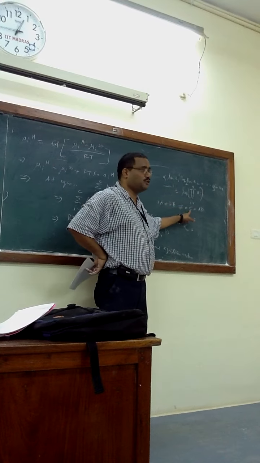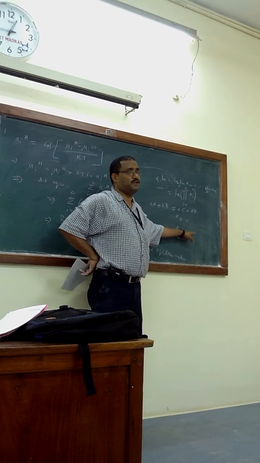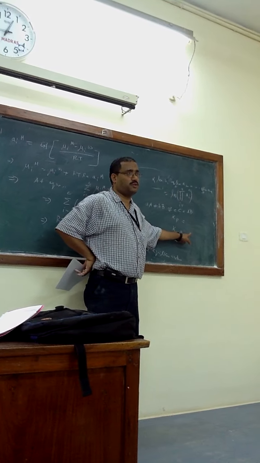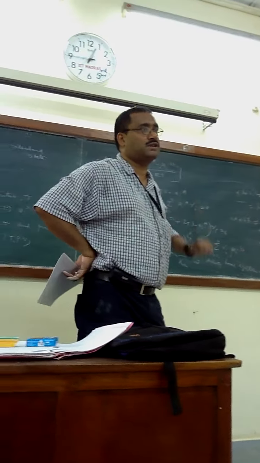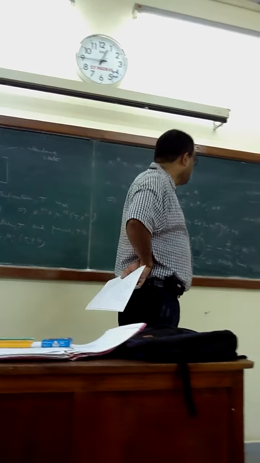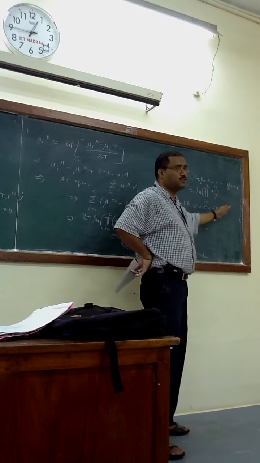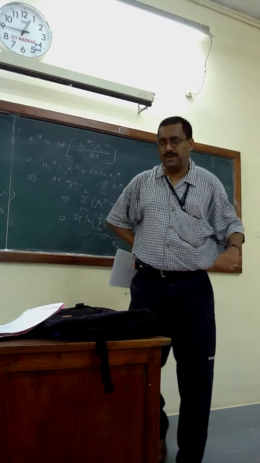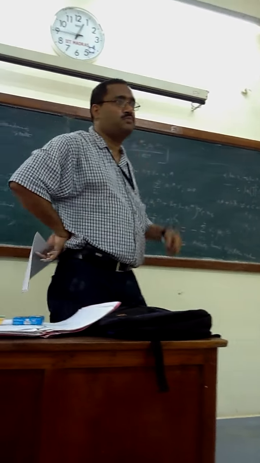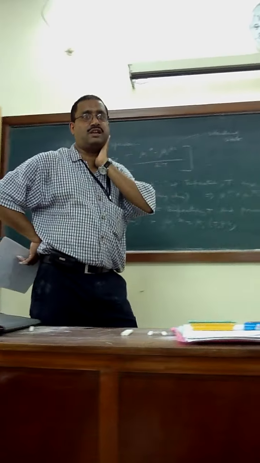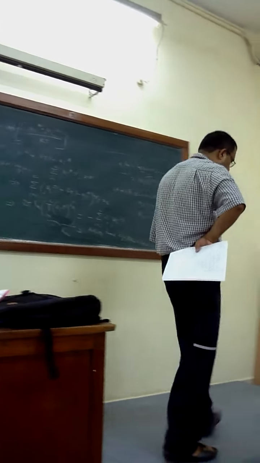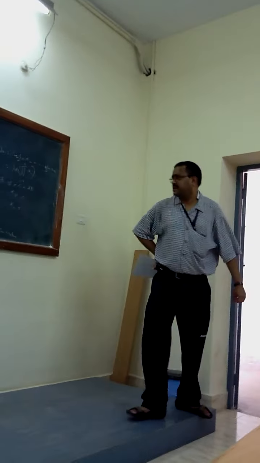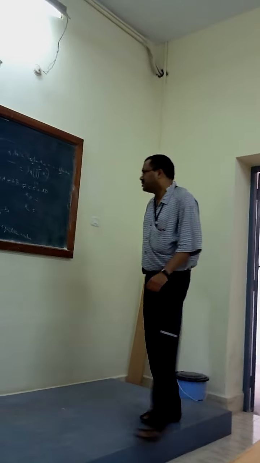Concentration of C to the power c into concentration of D to the power d, divided by concentration of A to the power a, concentration of B to the power b. Kp is in terms of partial pressure. If the number of moles are not the same on both sides, it doesn't balance, so Kp cannot be equal to Kc. That can be proved, and there is a relationship between Kp and Kc. Okay, that's fine.